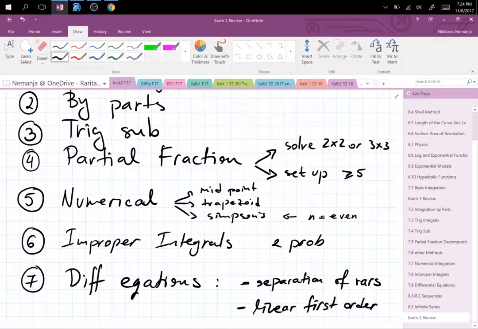So the 10th problem could be coming from either by parts, could be differential equations, but most likely all trig sub, right? So you have a trig sub and then trig integral that maybe uses u sub or something like that.